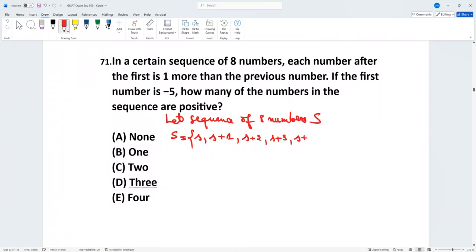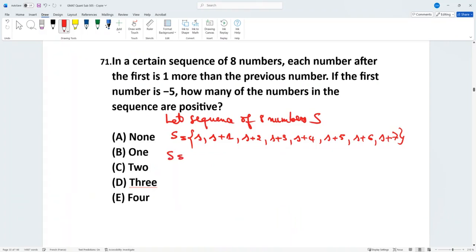So S plus 4, S plus 5, S plus 6, S plus 7.